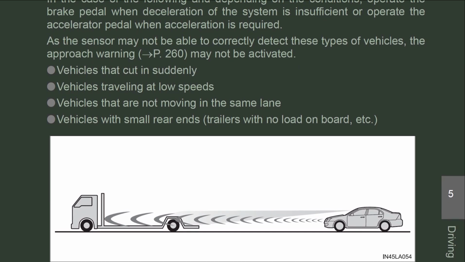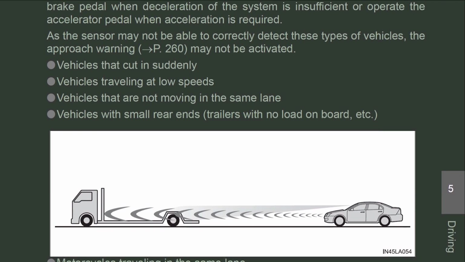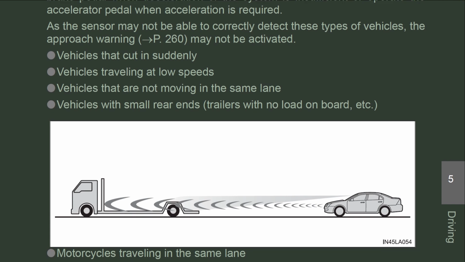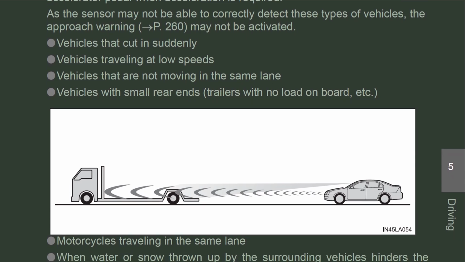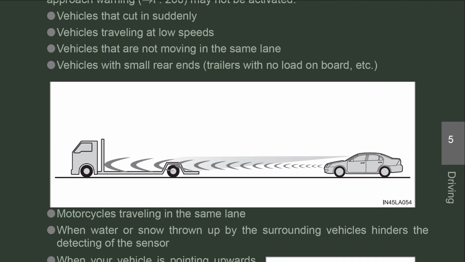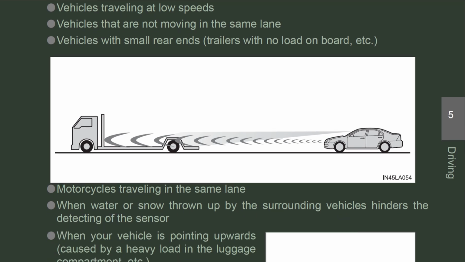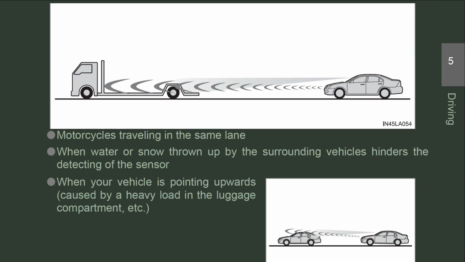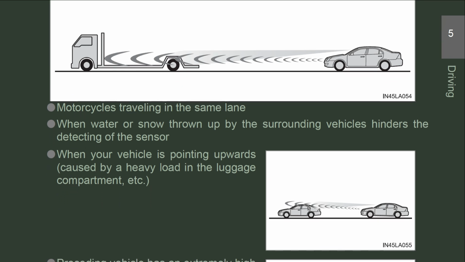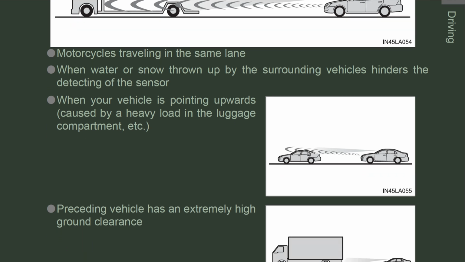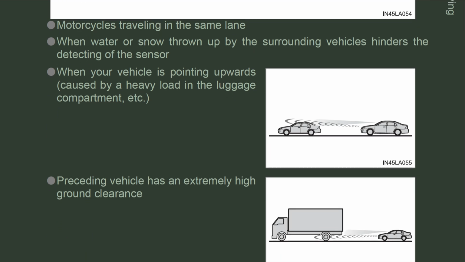Vehicles traveling at low speeds. Vehicles that are not moving in the same lane. Vehicles with small rear ends, trailers with no load on board, etc. Motorcycles traveling in the same lane. When water or snow thrown up by the surrounding vehicles hinders the detecting of the sensor. When your vehicle is pointing upwards caused by a heavy load in the luggage compartment, etc. Preceding vehicle has an extremely high ground clearance.